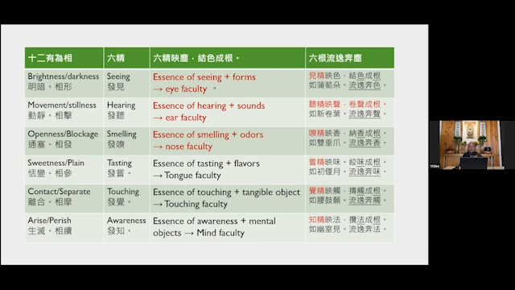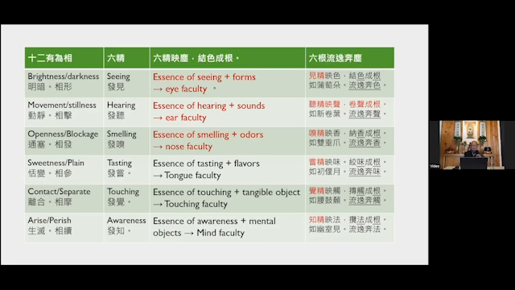So what should we do? What should we do to, at least at the first level, get back to the essence of seeing, the essence of hearing? We have to detach our grasping of the form, the sound, the odor, the flavor, the tangible object and mental object.